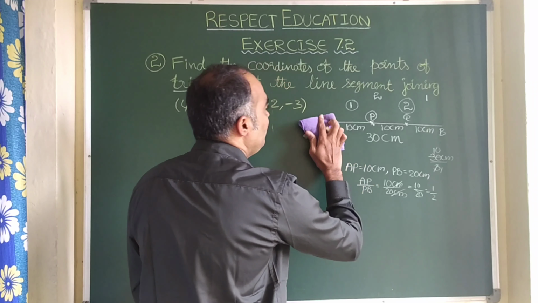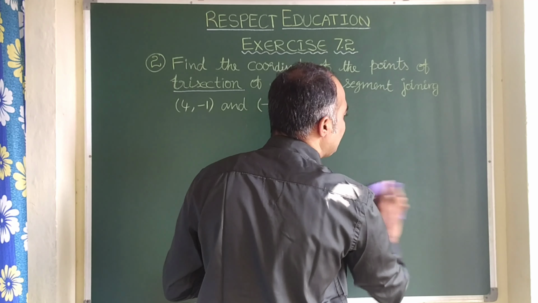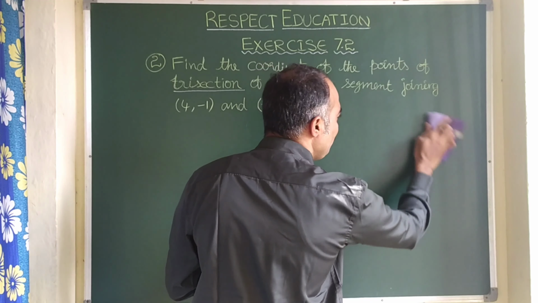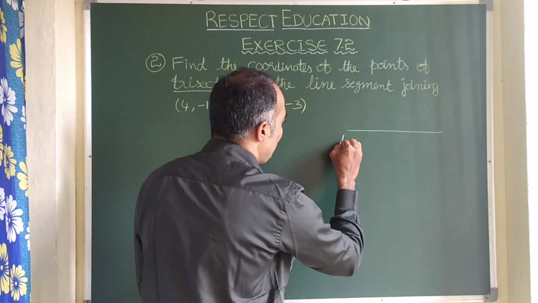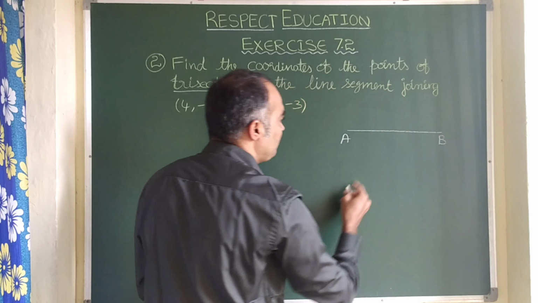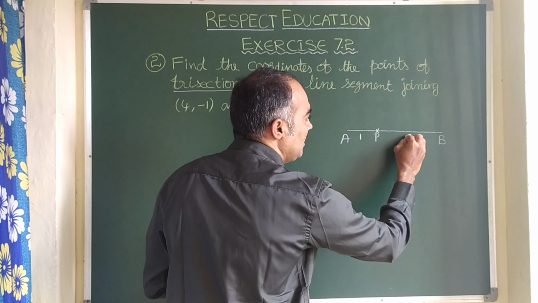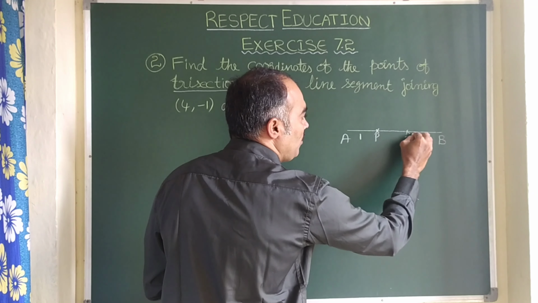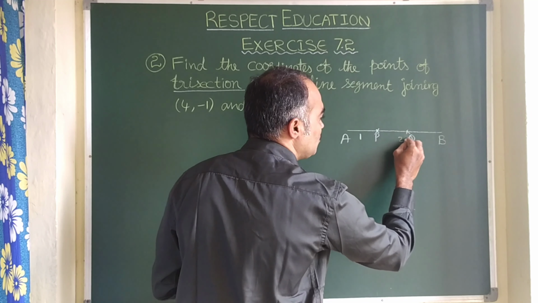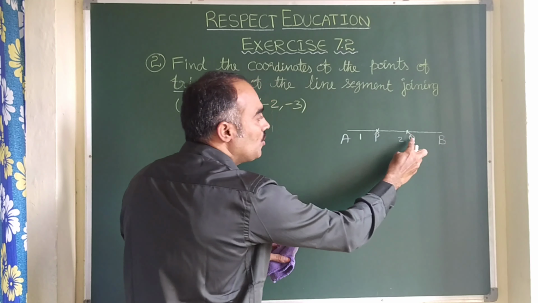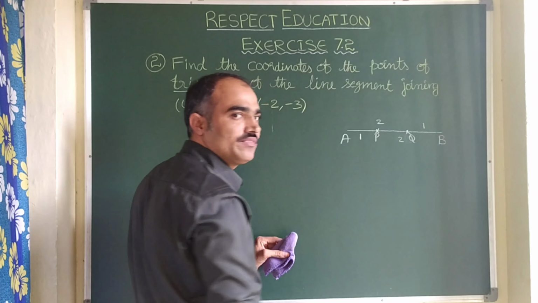So to find the points of trisection, the first point divides AB in the ratio 1:2 and the second point in the ratio 2:1. So we came to the conclusion that P divides in the ratio 1:2, and here you take point Q, which divides AB in the ratio 2:1.